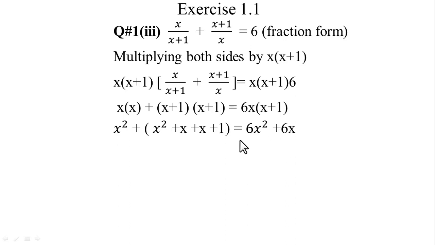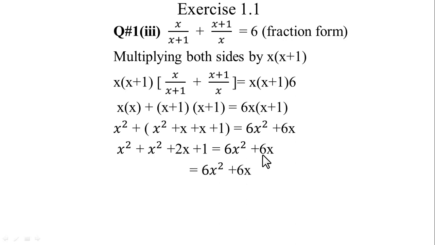Now we rearrange the values with the variables. Then we have x square plus x plus x plus 1 is equal to 6x square plus 6x. Then we get the solution of this equation.